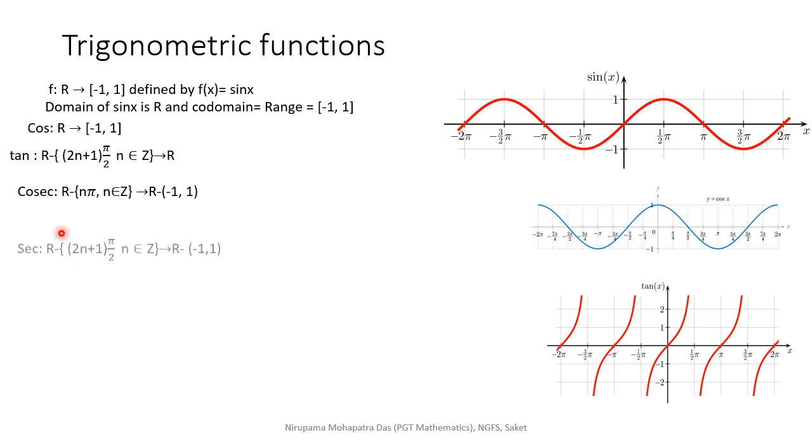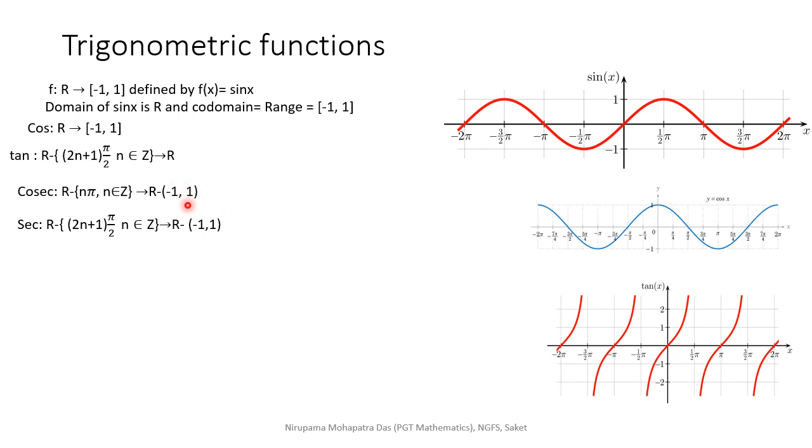Now cosec x is not defined when sin x equals 0. Sin x equals 0 means x equals n pi, sin 2 pi, sin 3 pi, any multiple of pi, sin x is 0. So we have taken the domain of cosec x as the set of real numbers minus n pi, where n is any integer, and the range as the set of real numbers minus (-1, 1).